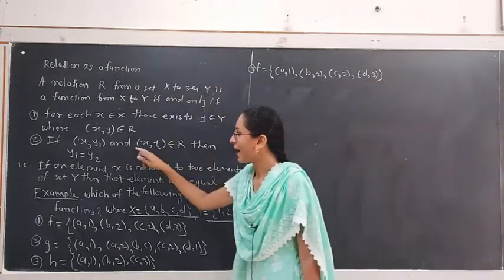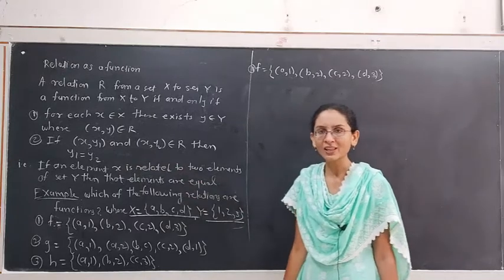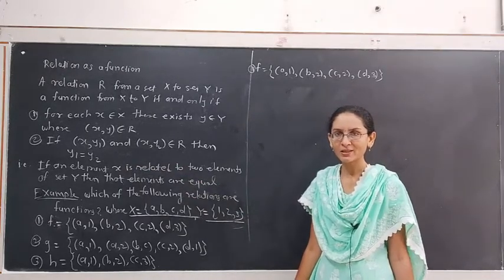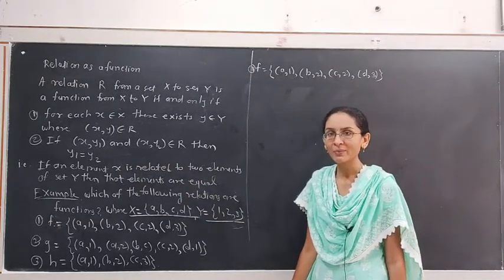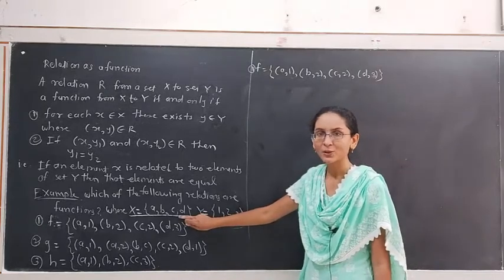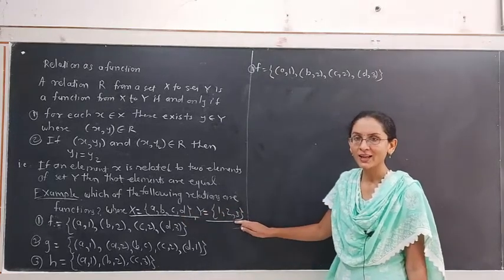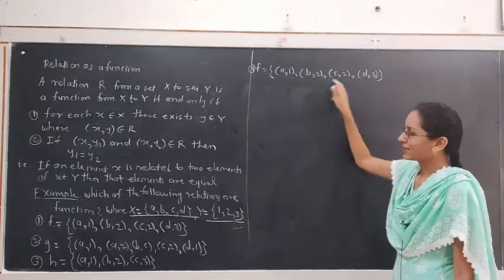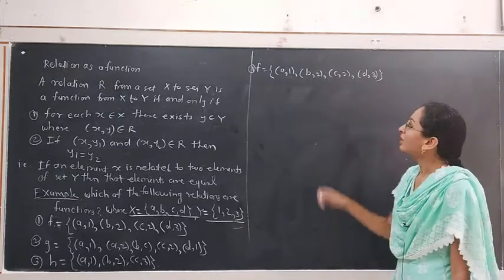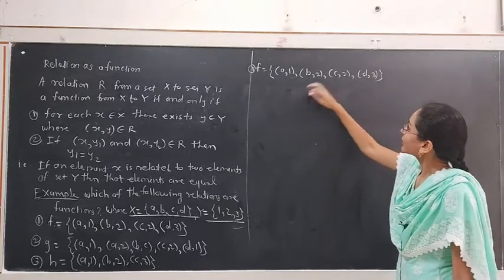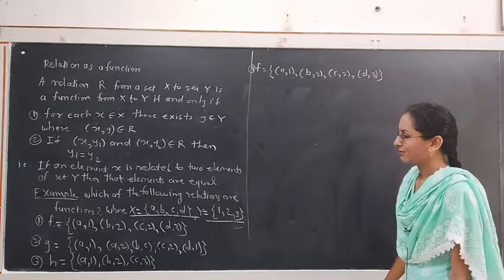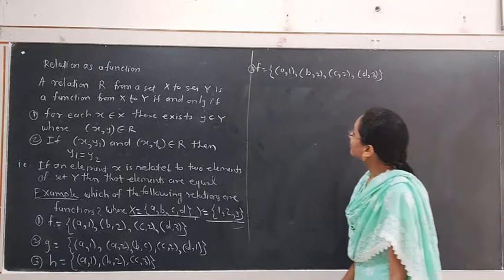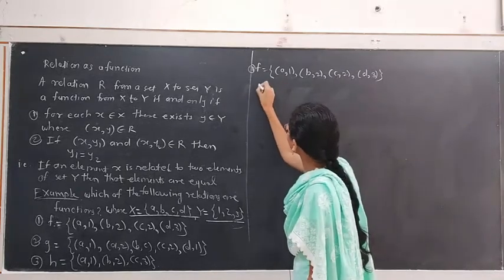If (x, y1) and (x, y2), means if one element of set X is related to 2 elements of set Y, then those 2 elements should be equal. Here, every element of set X is related to only one element of set Y, a unique element of set Y. Hence, this relation is a function.